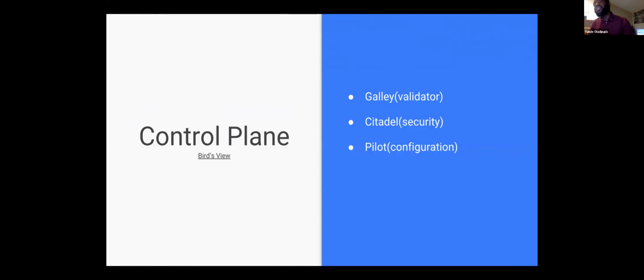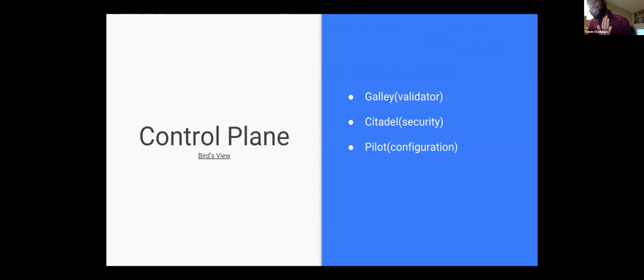For those from a Kubernetes background, when you submit your manifest, that manifest can either get rejected or accepted. The same part in Istio that does that is the galley. That's why I call it the validator.